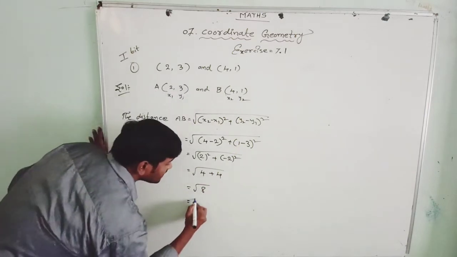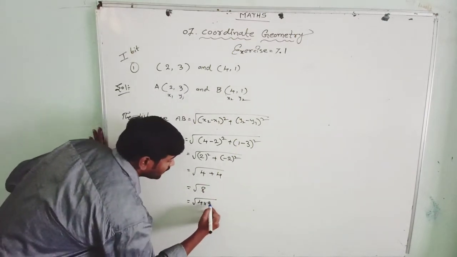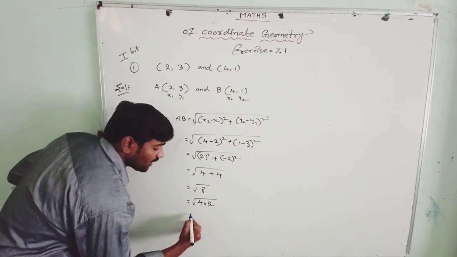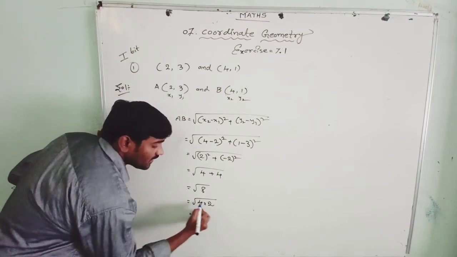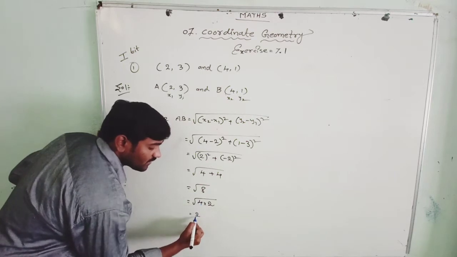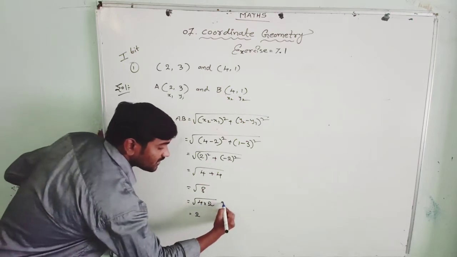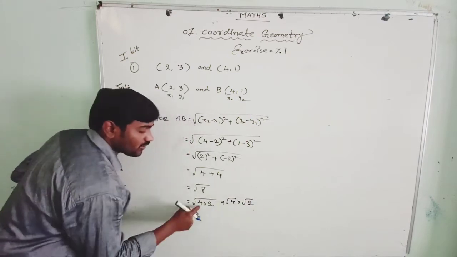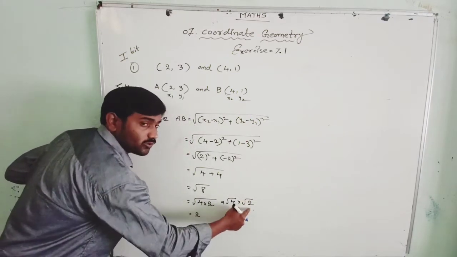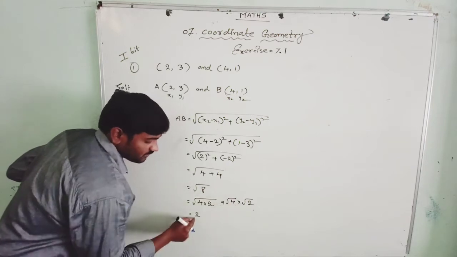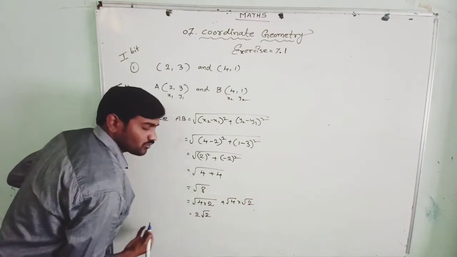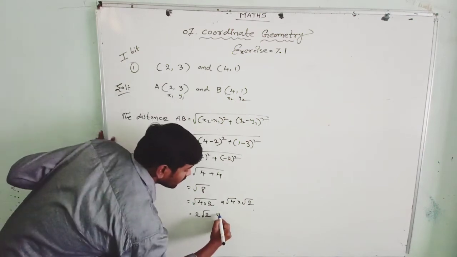But 8 can be written as 4 into 2. Why did I write 4 into 2? Because root 4 value I know, that is 2. This can be written as root 4 into root 2, since root of AB equals root A into root B. This root 4 value is 2 and root 2 is an irrational number. So 2 root 2 units.